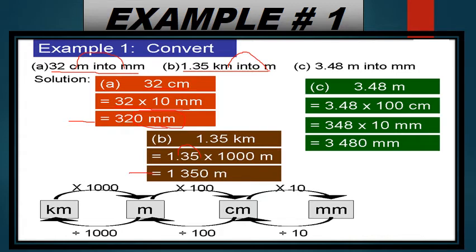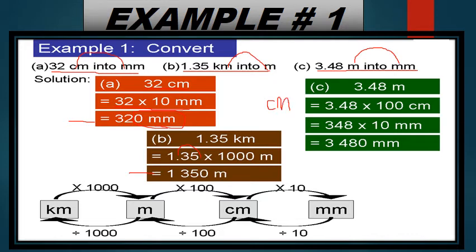In third example, in C part, we have 3.48 meter into millimeter. Meter to millimeter, again bigger unit to a smaller unit. As we know that 1 meter is equal to 100 centimeter, first we convert into centimeter.